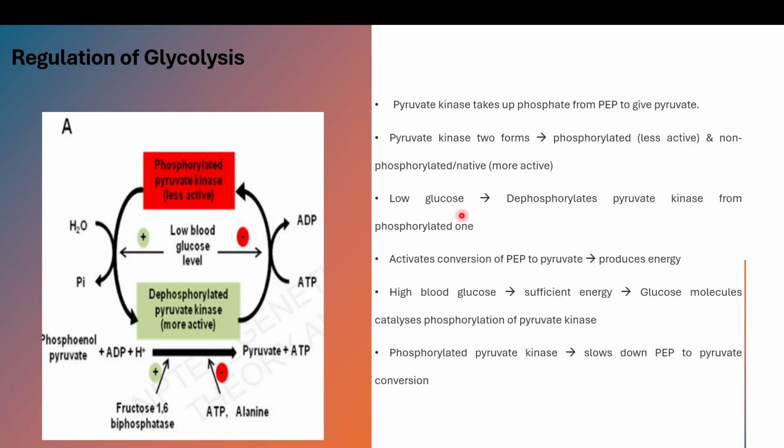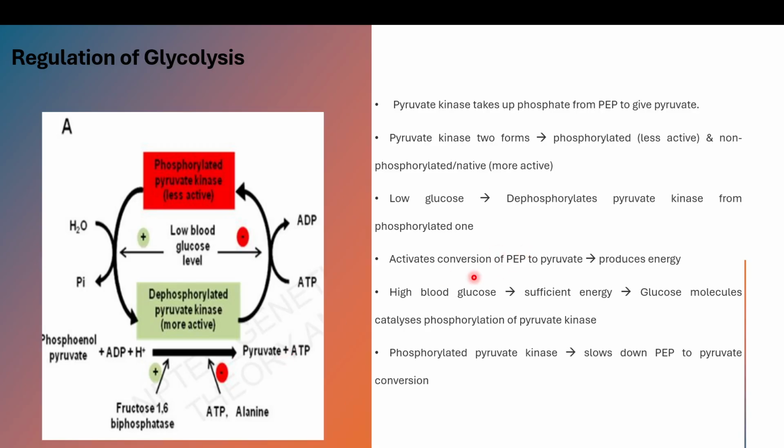So, when there's low glucose in the body or in the cells, pyruvate kinase is dephosphorylated from the phosphorylated form, which activates the enzyme. Activated pyruvate kinase catalyzes the conversion of phosphoenol pyruvate to pyruvate, thereby producing energy.